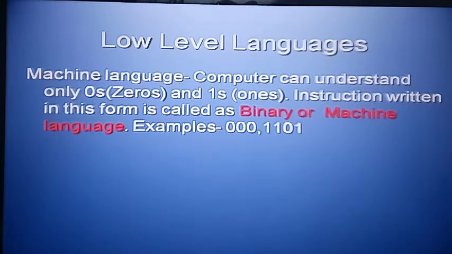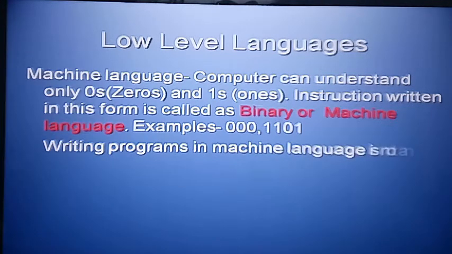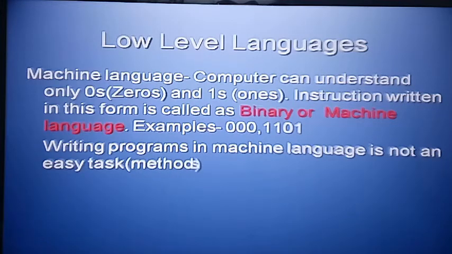So what you write is only 0 and then 1, this type of language is called binary and machine language. So one important point, writing a program in machine language is not an easy task. It means it is very difficult to read those programs you write in machine language. Okay, it means 0 and then 1. This is very typical for reading.